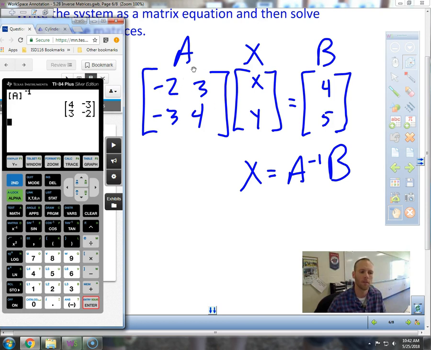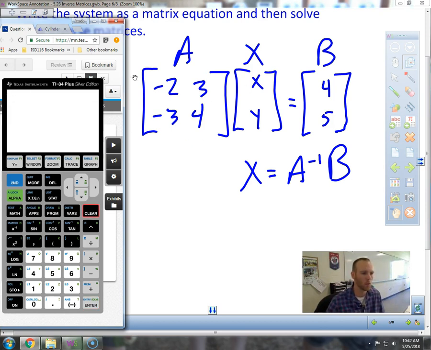This is the inverse of that matrix A. Notice if I multiply those, 4 times negative 2 plus negative 3 times negative 3, there it is, that gives us 1. If I go up here, 4 times 3 is 12, plus negative 3 times 4 is negative 12, that's 0. When I multiply these, I do get the identity matrix.